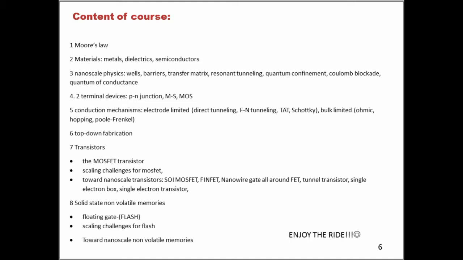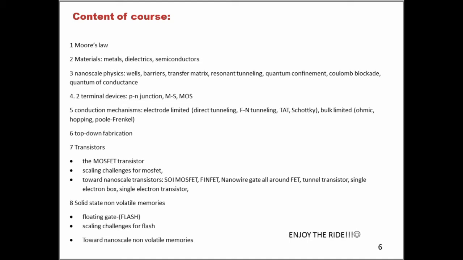So we talk about general materials, metals, dielectrics, and semiconductors. Chapter 3 deals with what it means nanoscale physics, and specifically having a look at some of the things that we will need for our devices. So we will talk about potential wells, barriers, transfer matrix, resonant tunneling, quantum confinement, Coulomb blockade, and quantum of conductance.